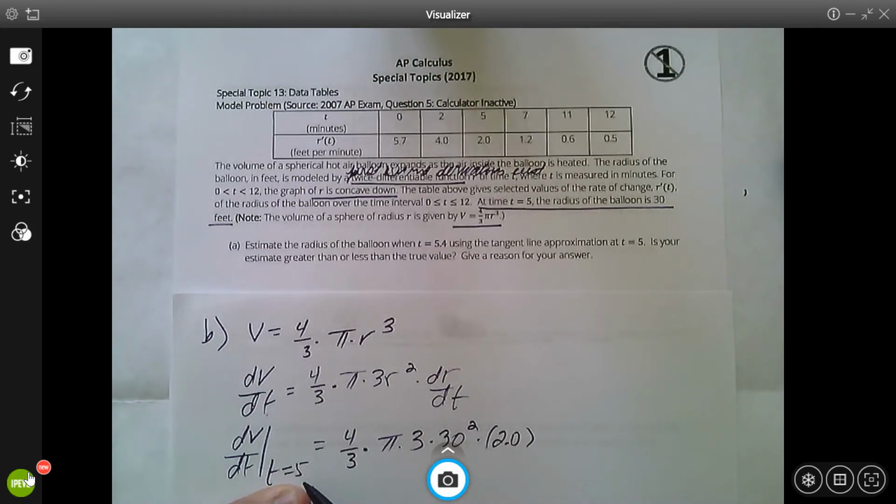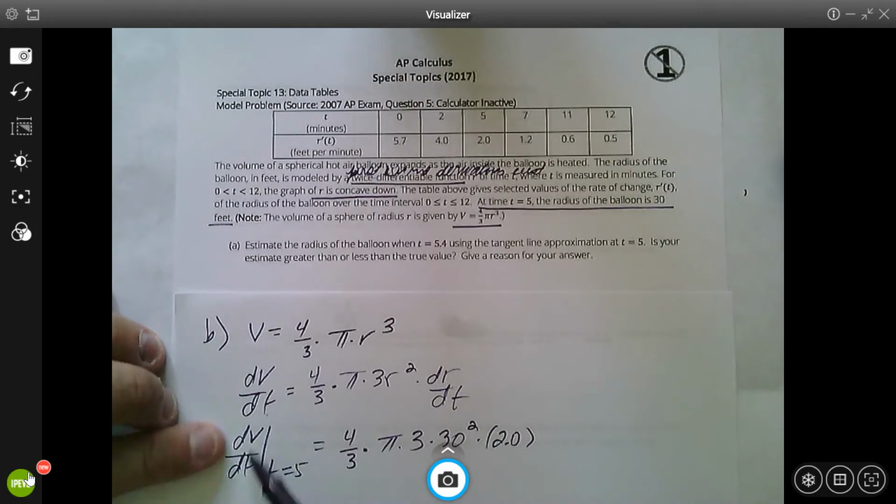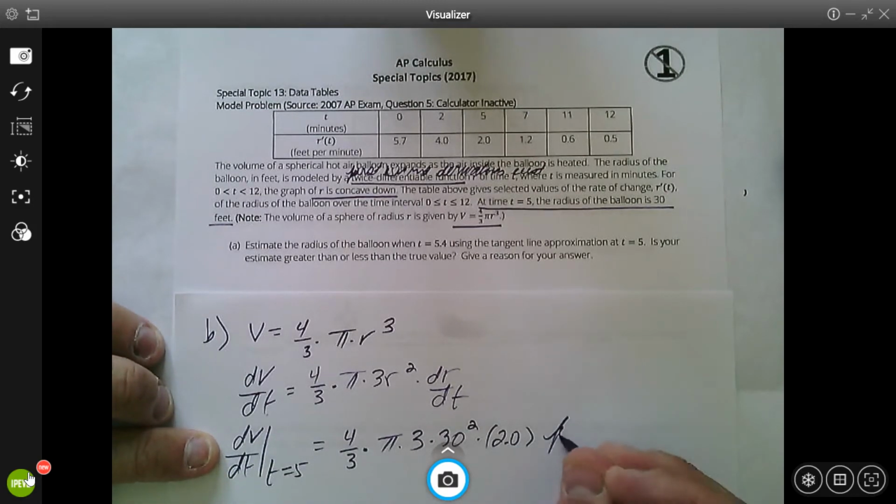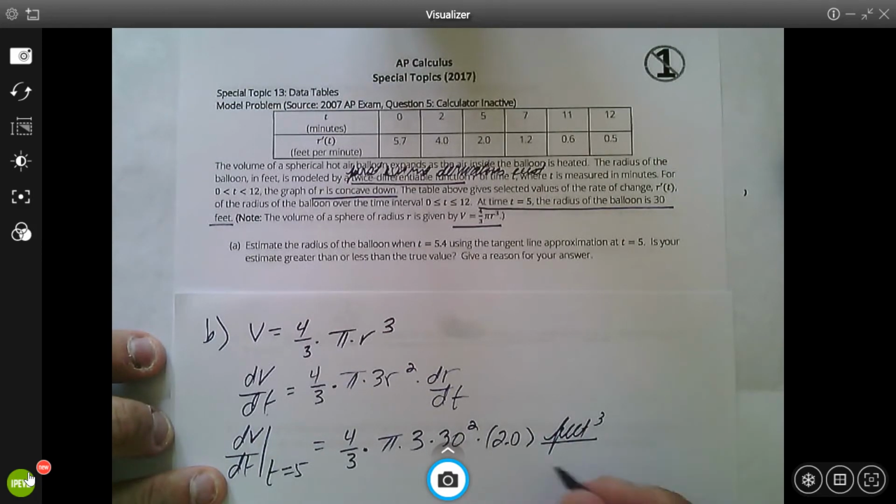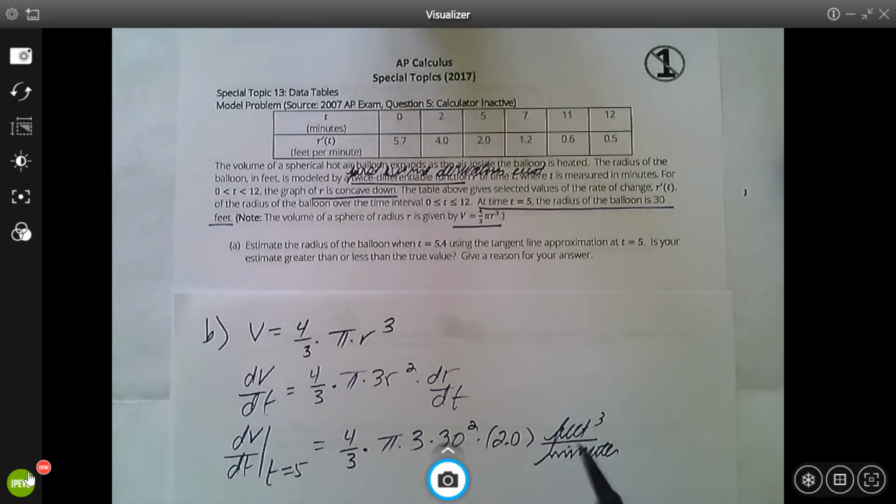What are the units? You always want to look at this derivative expression. How are you measuring volume? Cubic feet. How are you measuring time? You're measuring time in minutes. So it's going to be this number, cubic feet per minute. And I would just stop right there. If you want to know, it's 7,200 cubic feet per minute.